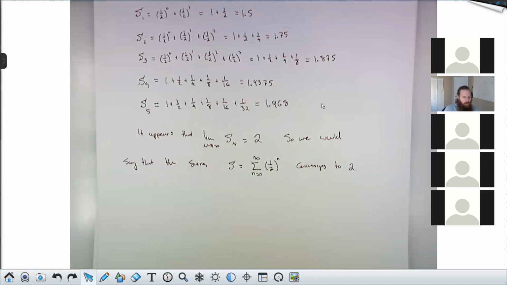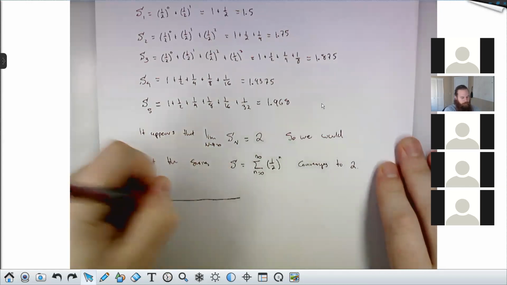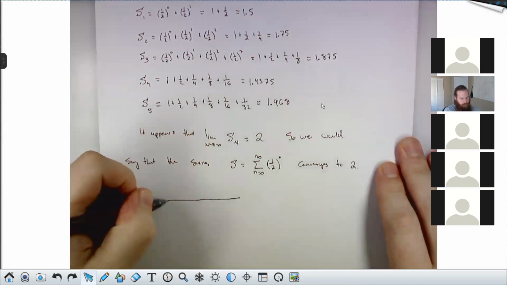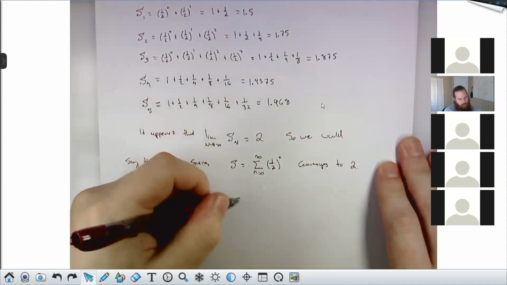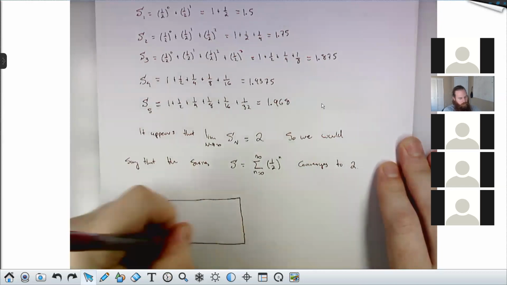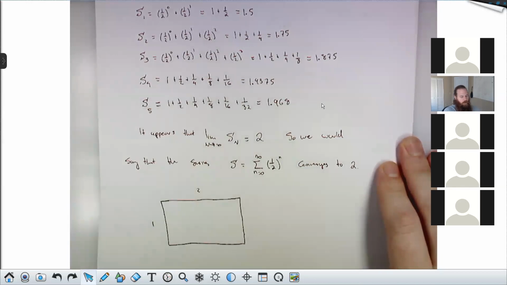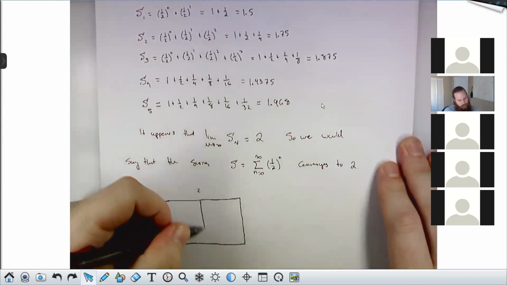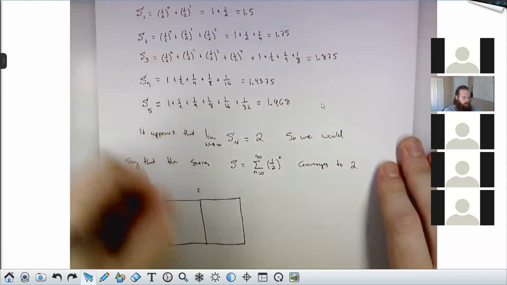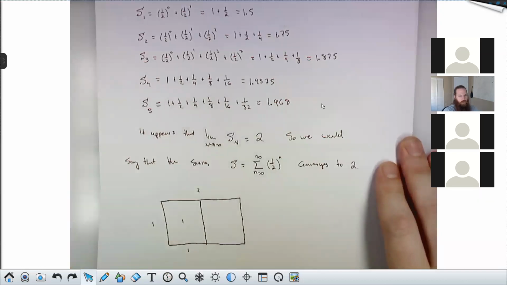There is a way to interpret this particular one geometrically. If I start with a rectangle where this side length is 1 and this side length is 2, and I start chopping it up, then this piece has side length 1. I divide each one by half, so this area here is 1.